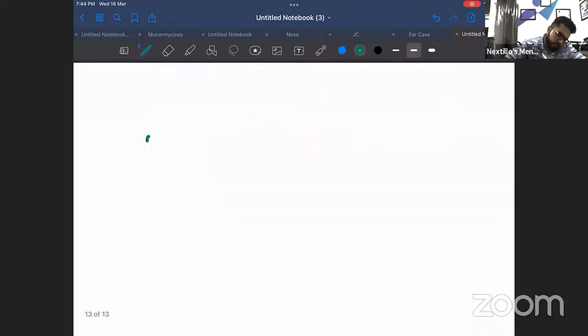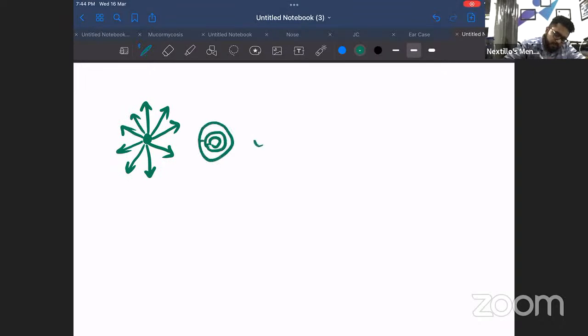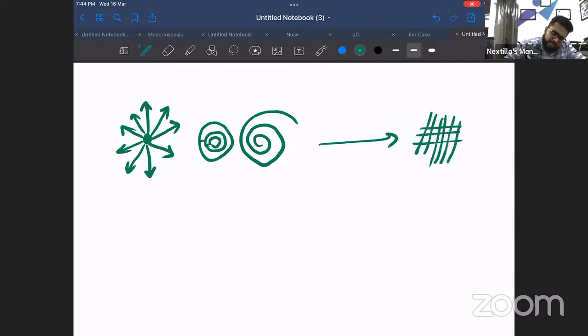First, on the outer side, it is radial. Then concentric, or you can say spherical. Later, as it reaches the innermost part, it becomes haphazard. Not haphazard, actually, we can say it becomes like this.